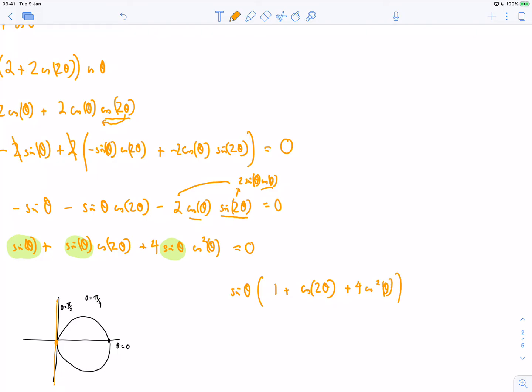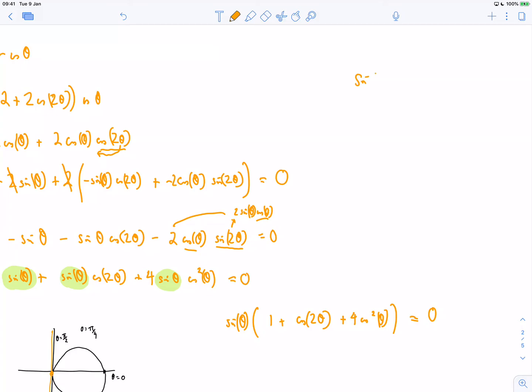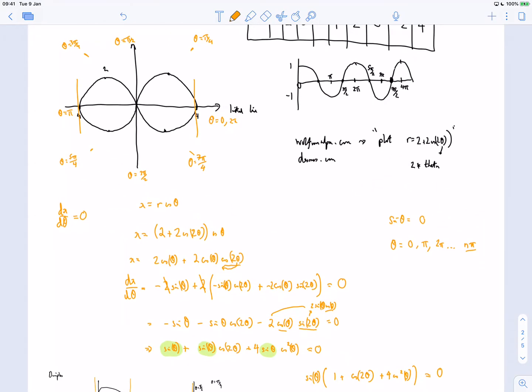Cool. Equals 0. So we're either going to have solutions where sine theta equals 0, and if you think about what that implies, that means theta either equals 0 or pi, or 2 pi, or just in general some multiple of pi. What does that equate to on our diagram?